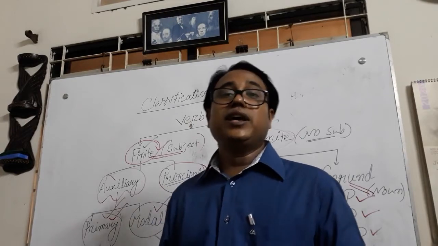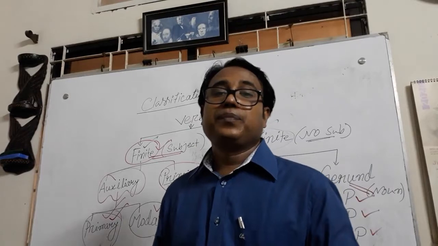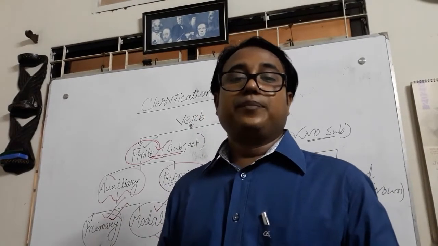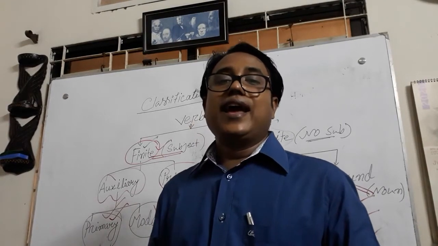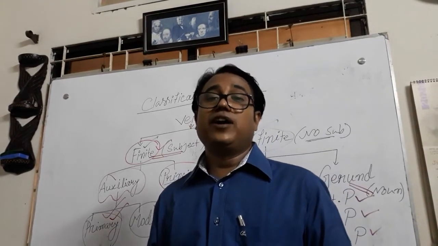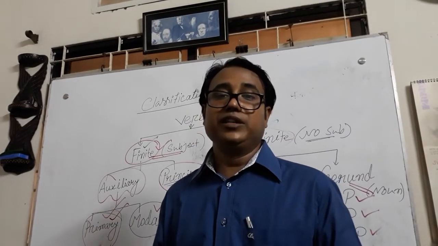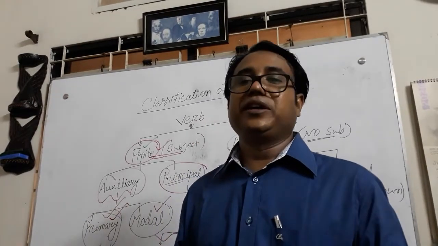Modal auxiliaries have a special meaning in the sentence. I would like to tell that modal auxiliaries take place with another principal verb, and each and every modal auxiliary verb has a special meaning.